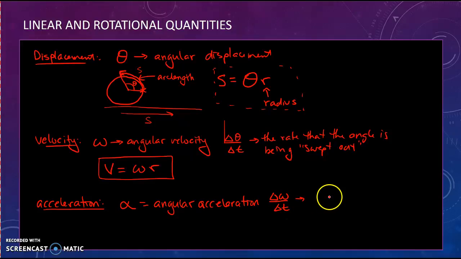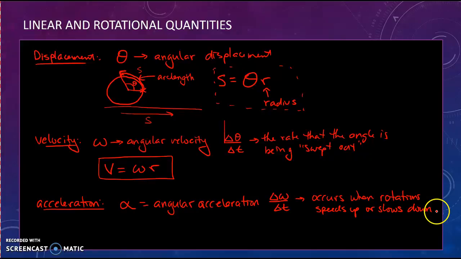So this will occur when rotation speeds up or slows down. And once again, we can talk about the translational acceleration by saying that it's the angular acceleration times r.